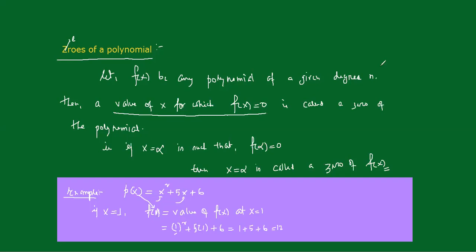So when I worked out the value of p(x) at x equal to 1, I concluded with a value 12. Is it equal to 0? No, it is not equal to 0. So if this doesn't come out to be 0, x equal to 1 is not a zero of p(x).